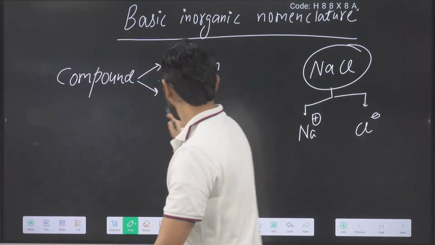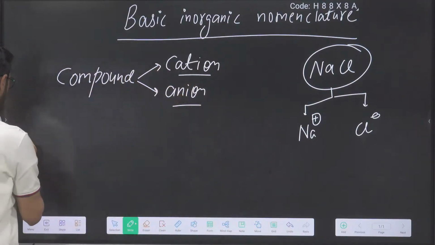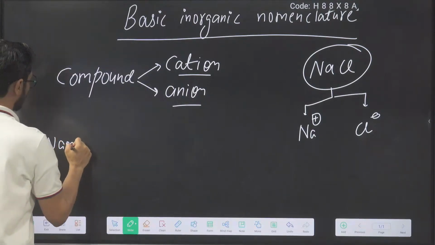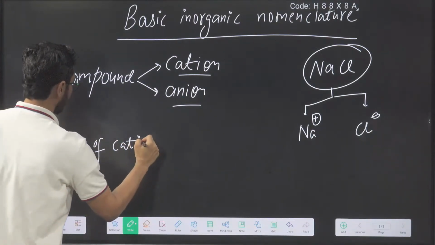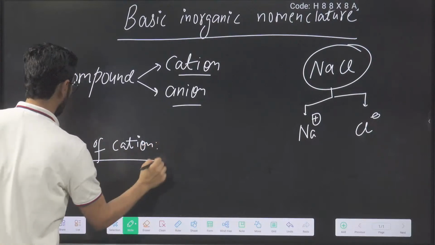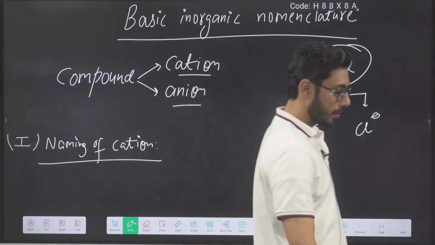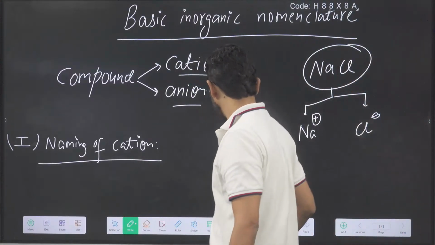Now, in this, cationic and anionic part, firstly we will discuss naming of cation. Firstly, in the nomenclature, we talk about naming of cation.